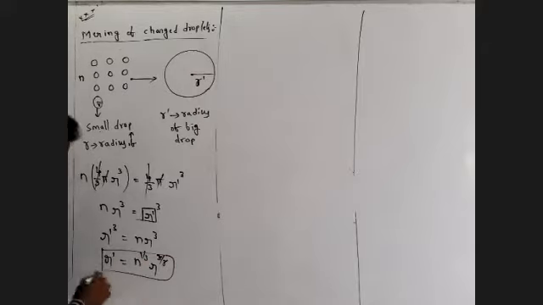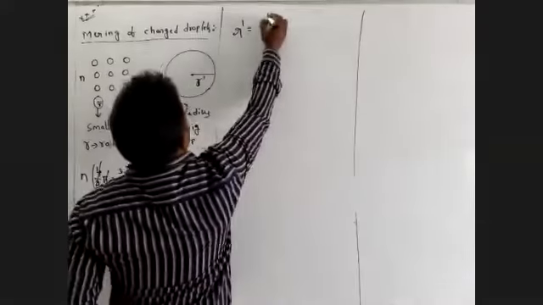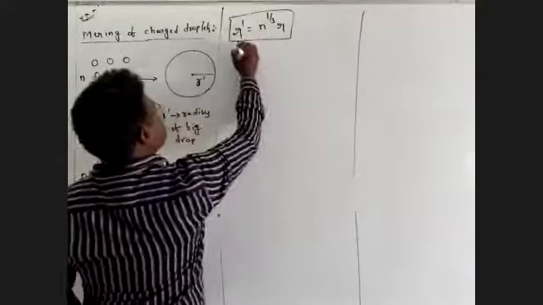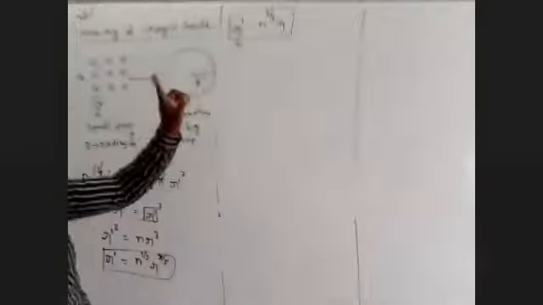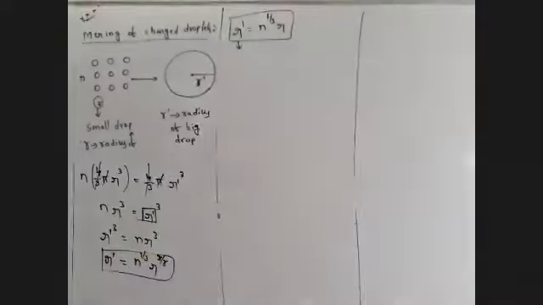So the radius of the big drop is equal to n to the power of 1/3 times R, where R is the radius of the small drop. That is the formula.